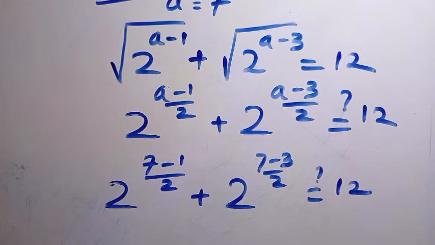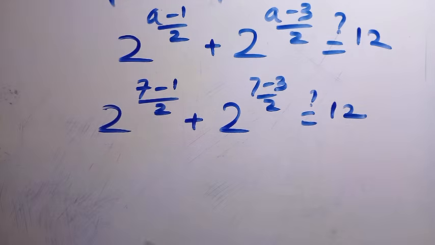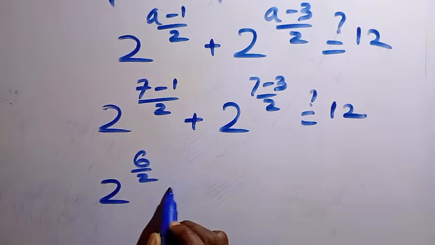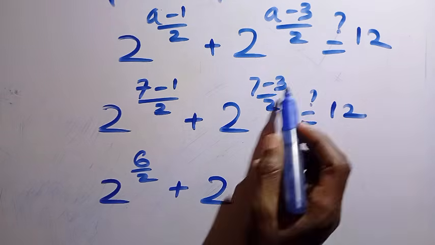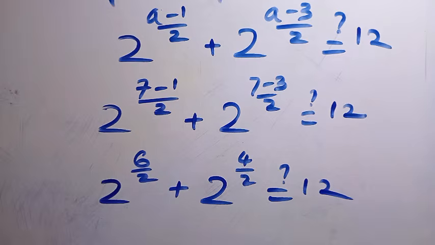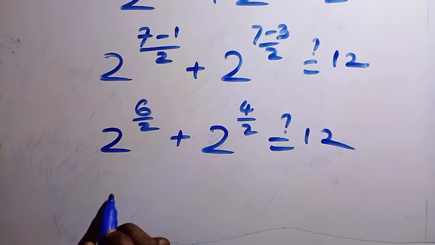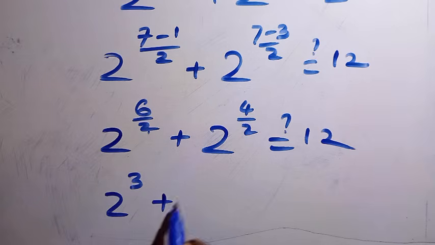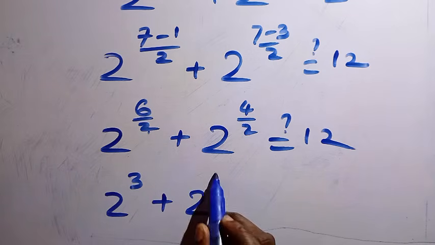Again, we have 2 power of 7 minus 1 gives us 6 over 2, plus 2 raised to power 7 minus 3 gives us 4 over 2. Is this equal to 12? Here we have 2 raised to power 6 over 2 gives us 3, plus 4 over 2 gives us 2.